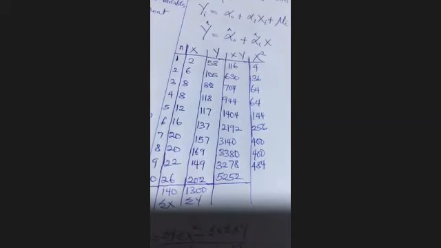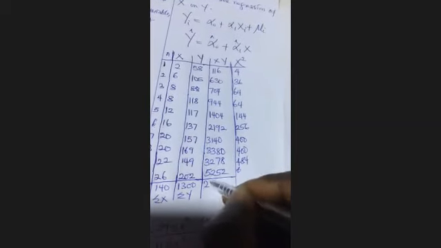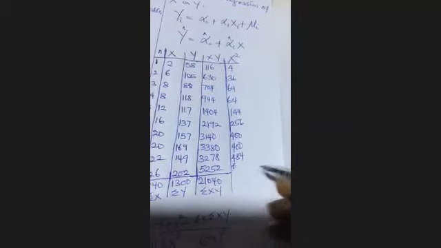The total of XY is 21040. Okay, this is summation XY.